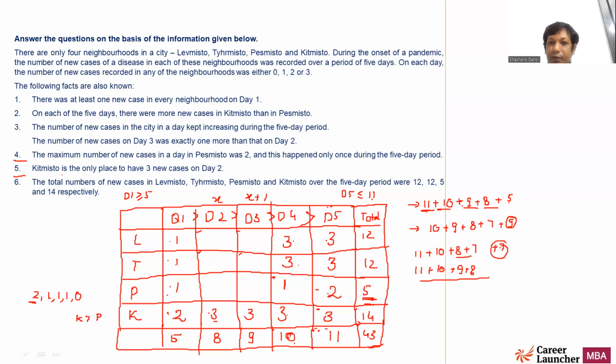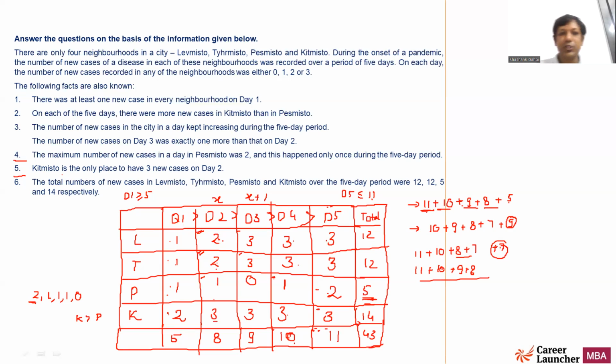So if none of the values can be 3 and I need the sum of these 3 values equal to 5, that is only one possible value, that should be 2, 2, and 1. Because this value cannot be 3, this value cannot be 3, and this value cannot be 2 or 3. So I have only one possible arrangement, that is 2, 2, 1. So this comes out to be 3, this comes out to be 3, this comes out to be 0. I got the whole arrangement.